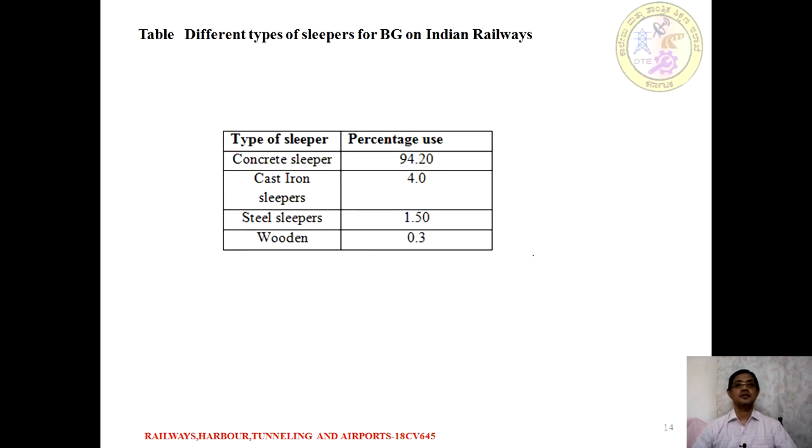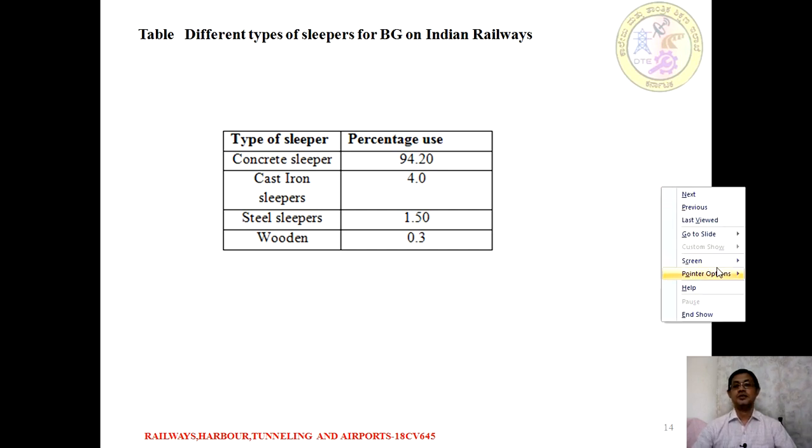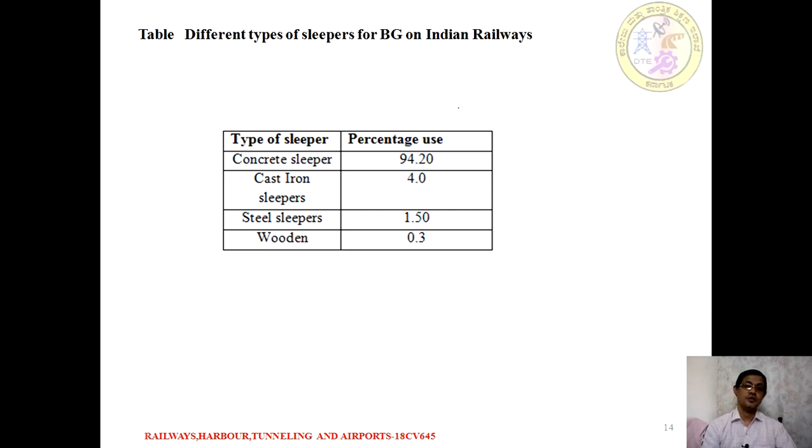As we have discussed the different sleeper materials, according to Indian Railways, the percentage composition of sleepers in use is as follows. 94.2% is concrete sleepers, cast iron is only 4%, steel sleepers are 1.5%, and wooden sleepers 0.3%, wherever narrow gauge still exists. So concrete sleepers are in the majority, in the case of the broad gauge network.